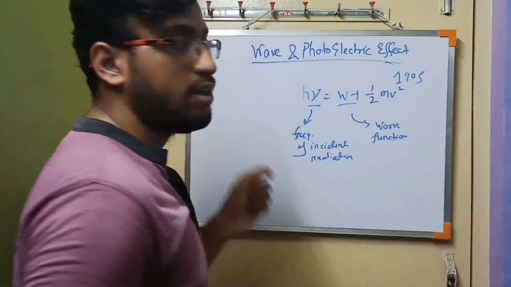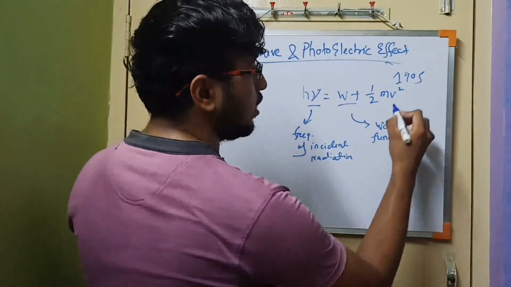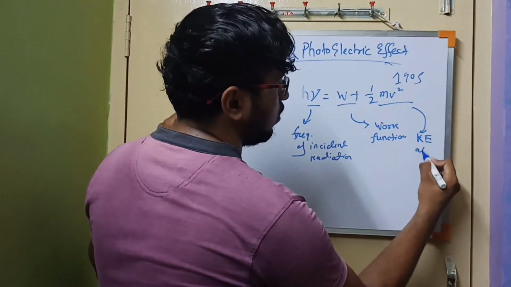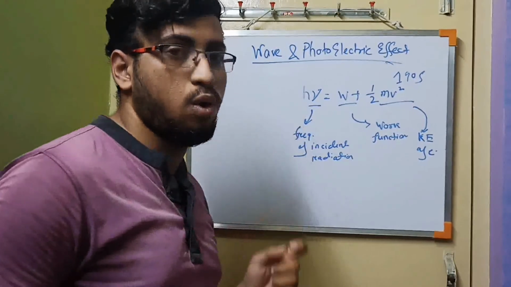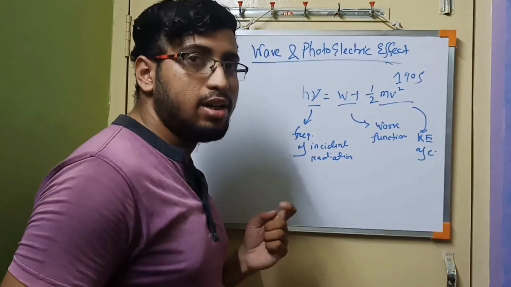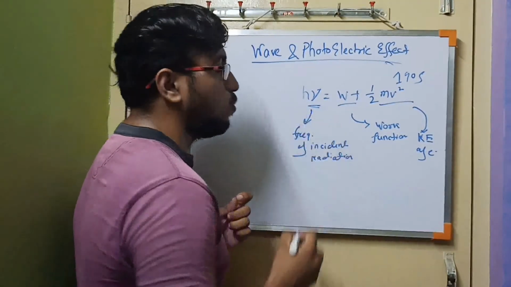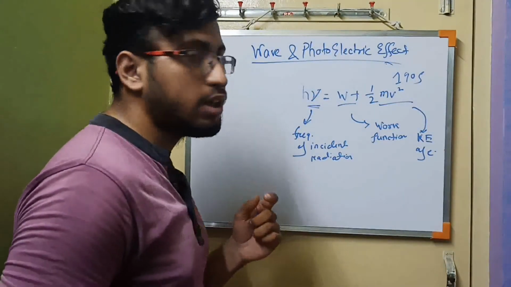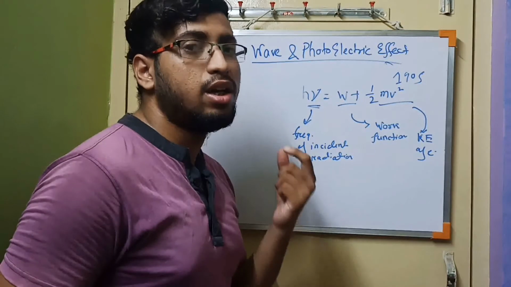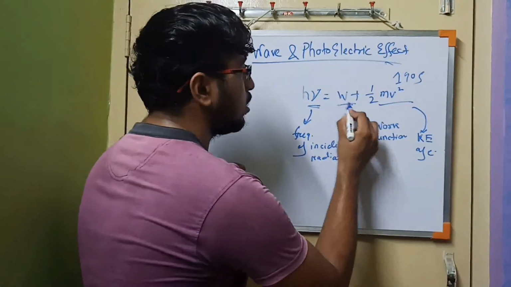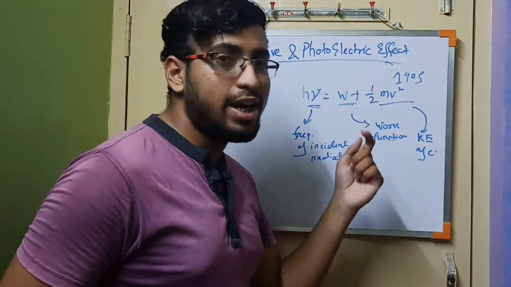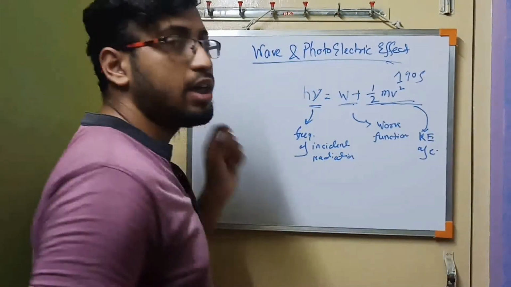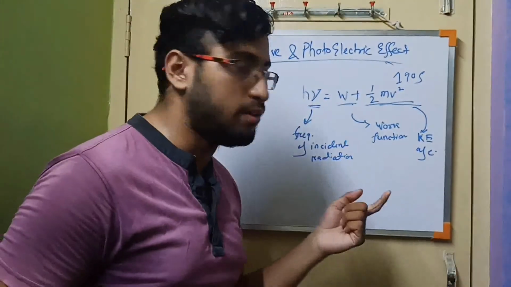And half m v square is the kinetic energy of the electron. Now, the incident ray has a frequency of nu. The metal uses up energy equal to the work function, and the electrons that are emitted have the remaining kinetic energy, half m v square.